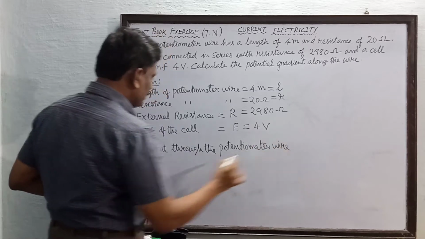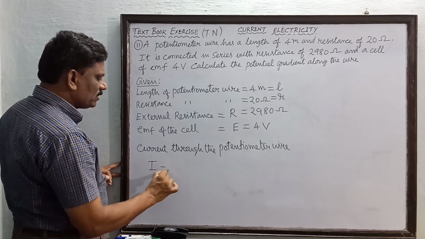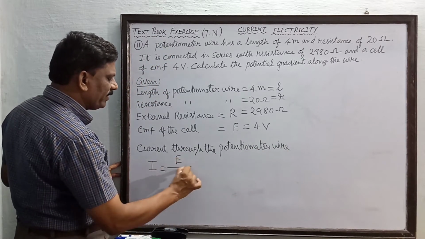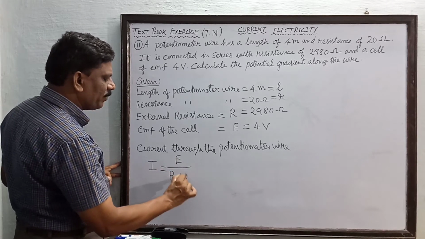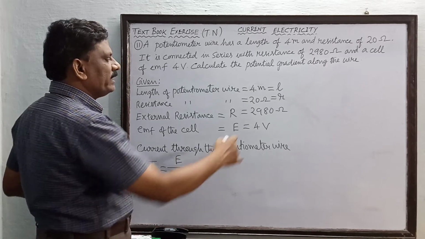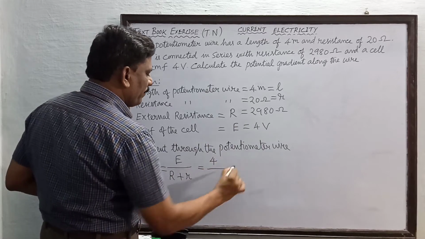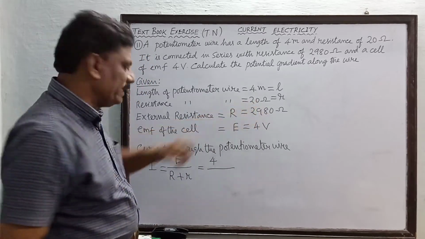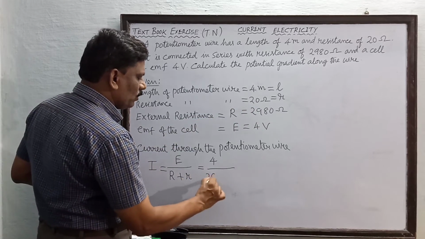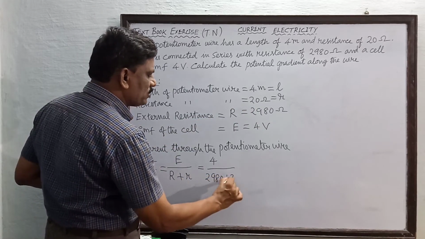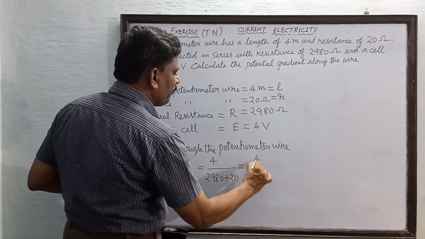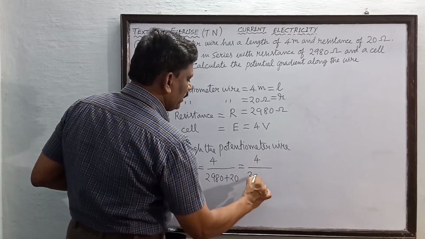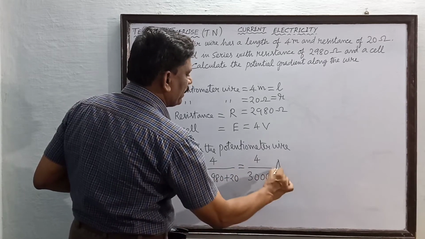This is taking the symbol capital I. So this is equal to the EMF divided by the total resistance, R plus small r. The EMF is 4 volt, so 4 divided by the total resistance, 2980 plus 20. So this is equal to 4 divided by 3000 ampere.